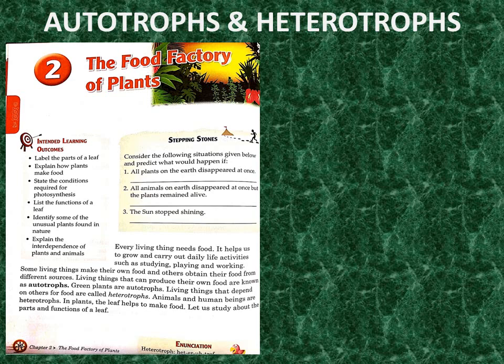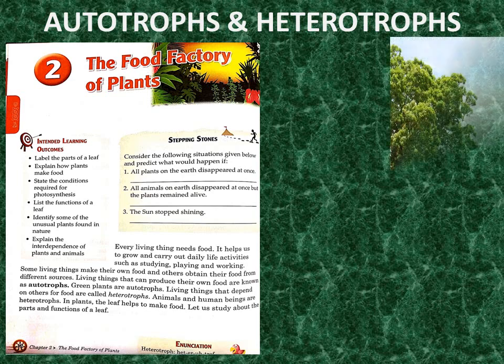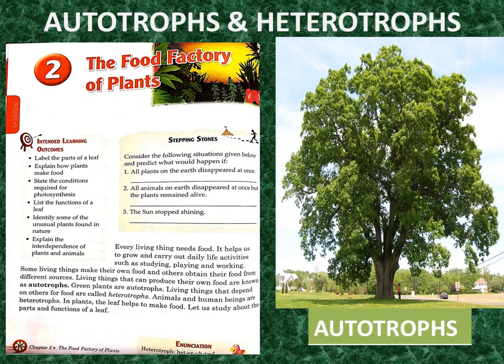Some living things can make their own food by themselves without the help of others, but some are dependent on others. So living things that can produce their own food without the help of others are known as autotrophs. What are they known as? Autotrophs. And which is the best example of autotrophs? The best example of autotrophs are green plants. They can make their own food.